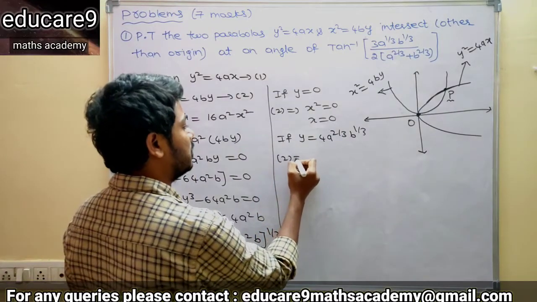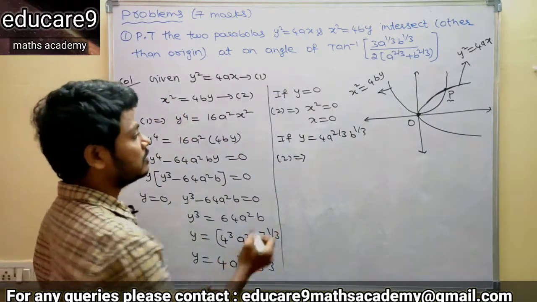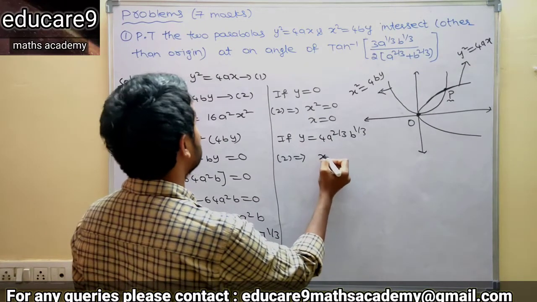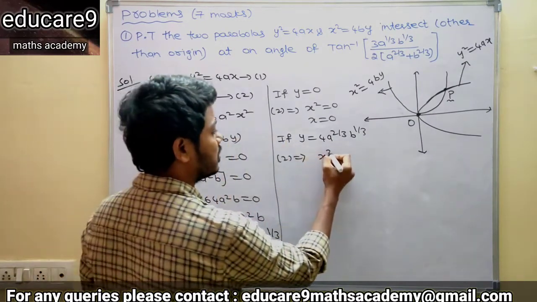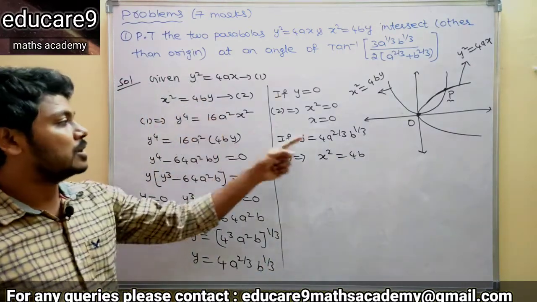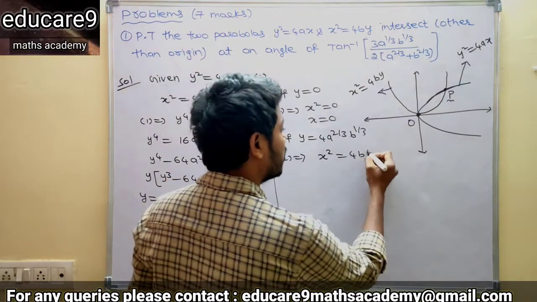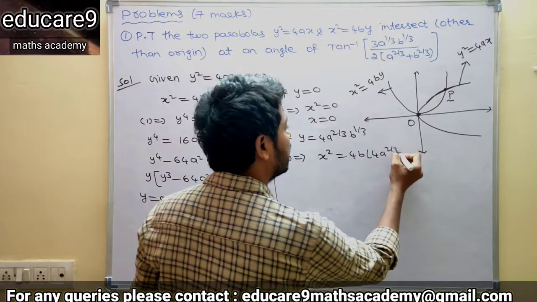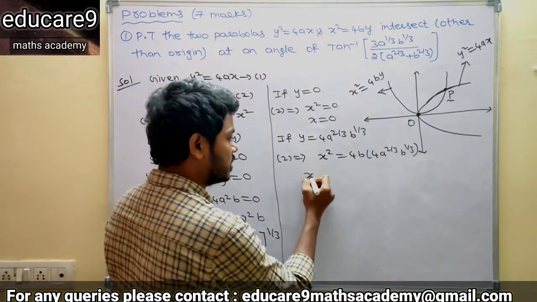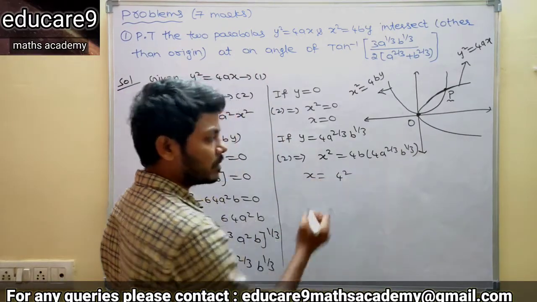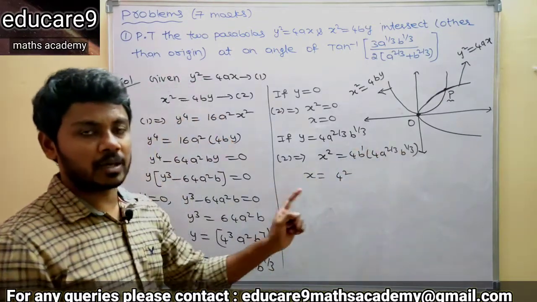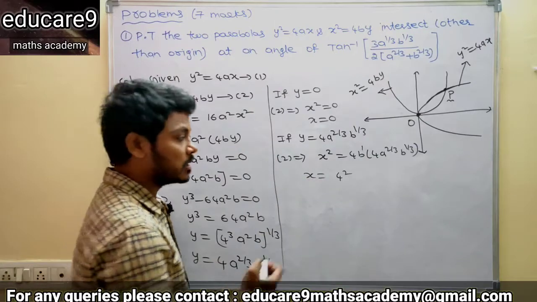Here equation 2 implies x square is equals to 4b into y value, this one, 4a power 2 by 3 b power 1 by 3. So therefore x is equals to what? 4 square, b power 1 into b power 1 by 3, that is 1 plus 1 by 3 is 4 by 3.